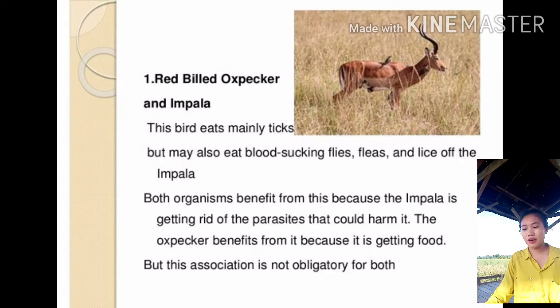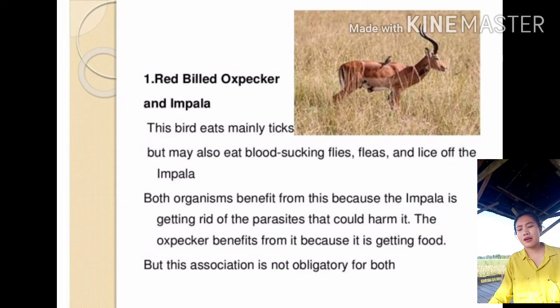The red-billed oxpecker there is the bird, and that impala is like a goat or a deer. It's not a deer, but it's called impala. This bird eats mainly ticks, but may also eat blood-sucking flies, fleas, and lice of the impala.